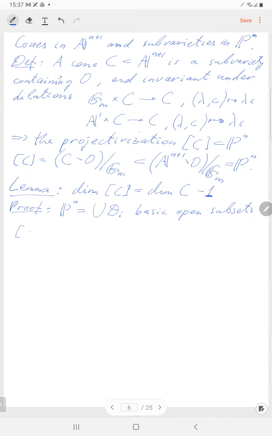Let's consider the intersection of our projectivization with such an open subset, and then I claim that this thing, if I just multiply it with the multiplicative group, then it is isomorphic to the initial cone intersected with the preimage of this open subset, the inverse image of D_i, where we have the projection p from A^(n+1) without origin to the projective space.